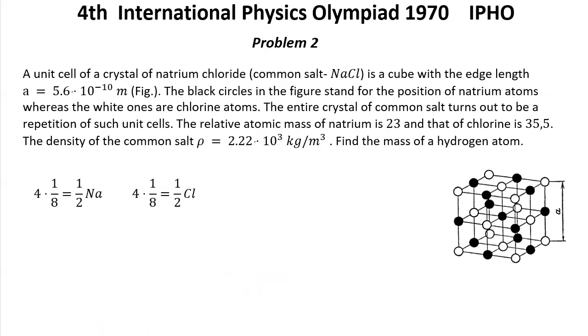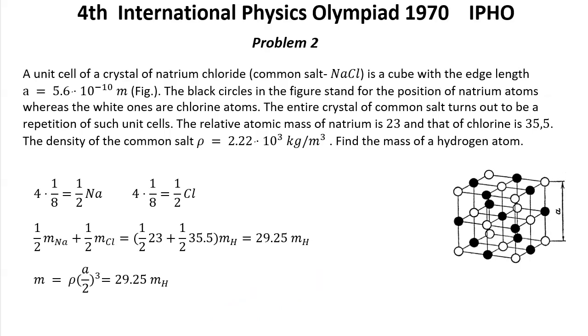So we have 1/2 of natrium belonging to this cell and 1/2 of chloride belonging to this cell. It means the total number will be this one, which is 29.25 hydrogen atoms.